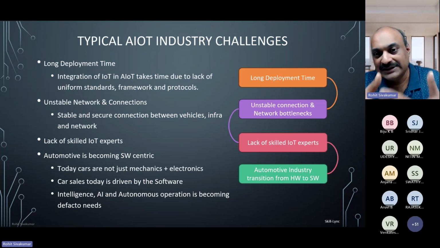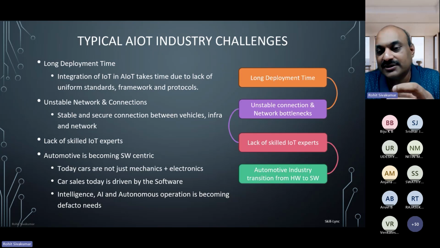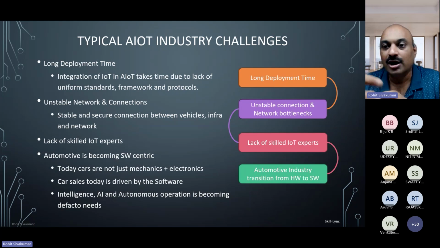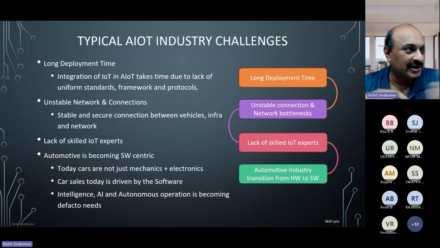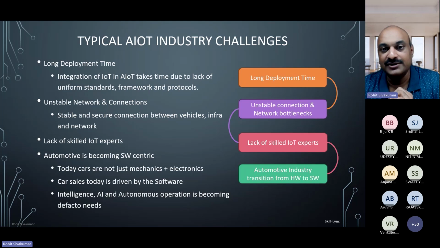Network stability is always a challenge. It's not guaranteed that a cellular network will be available everywhere the car travels. So what decisions have to be processed on the vehicle's infra and what decisions on the cloud has to be nicely managed and architected. That's where unstable networks and connection bottlenecks have to be managed.